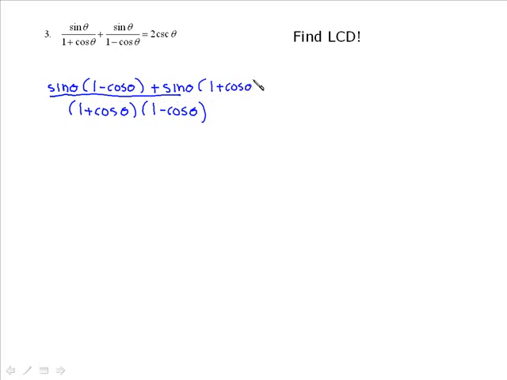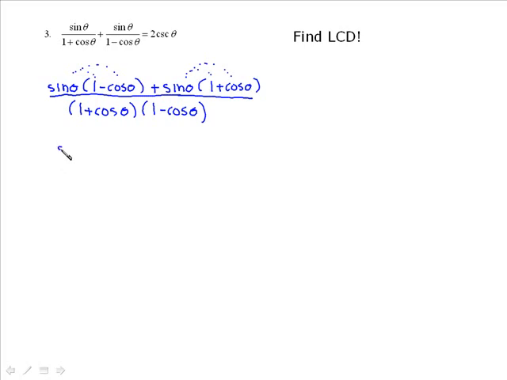So it doesn't look like we've helped the situation much. However, keep in mind you cannot cancel anything out now. You can only cancel if you can factor out a common factor from each of the terms, which we cannot. So don't be tempted to cancel a 1 minus cos or a 1 plus cos.